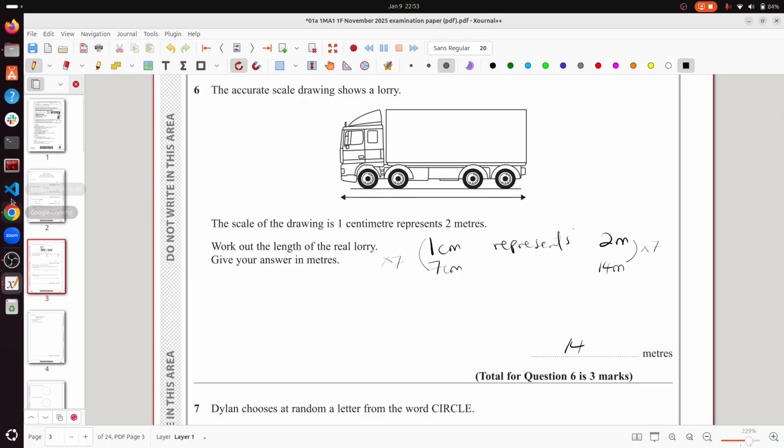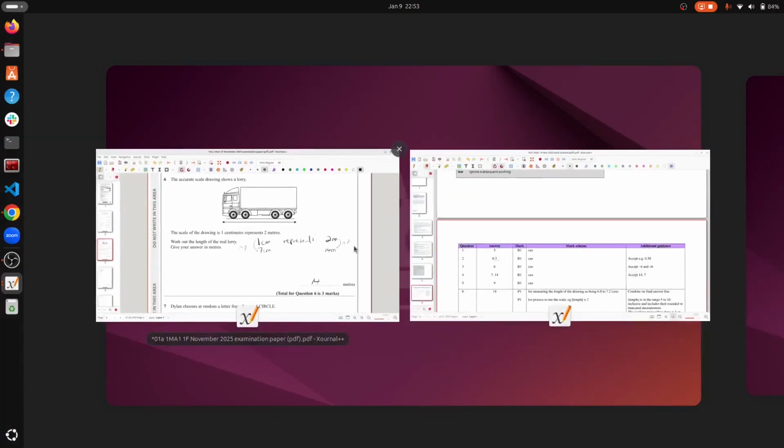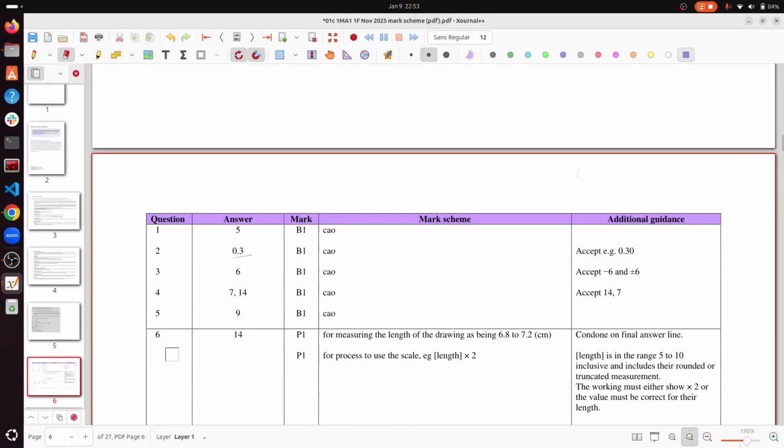So let's check our mark scheme. And for that question, that's 14. So for measuring the length of the drawing as being 6.8 to 7.2, they will give you 1 mark. So once they see that you've put there that 1 cm represents this, let's go back to that question again.